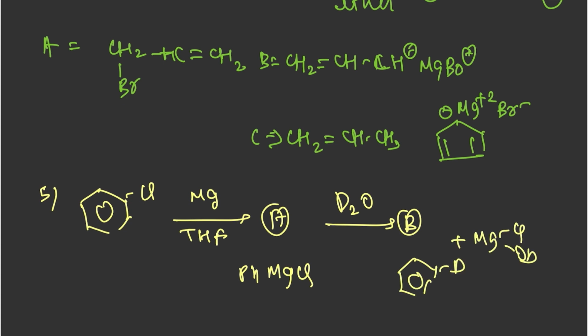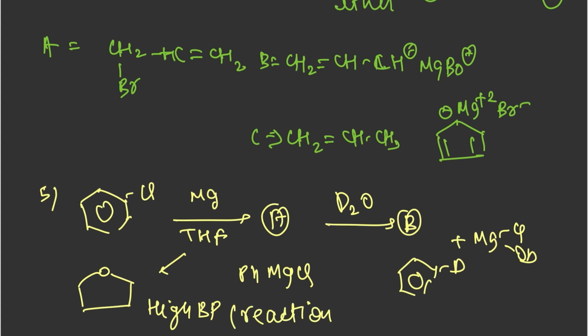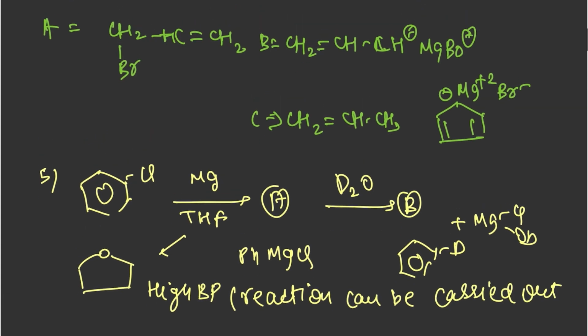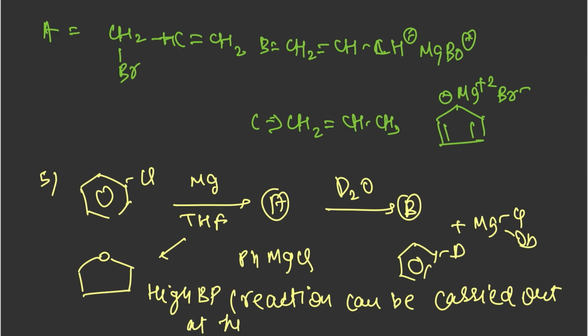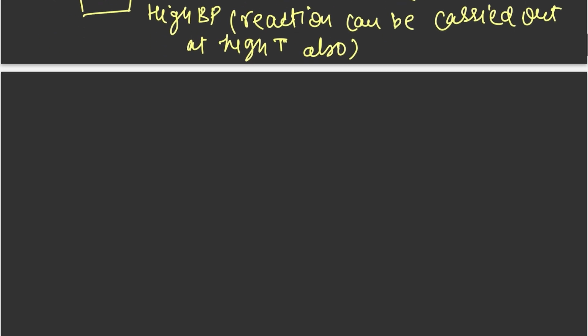Now why do we use THF? This is tetrahydrofuran. It has a high boiling point because of high molecular mass. So due to this, the reaction can be carried out at high temperature also.